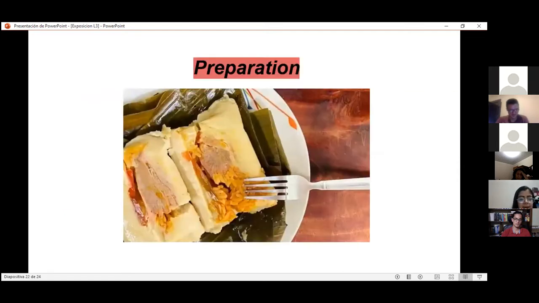Bueno, vamos a ver, Alina, do you consider that any ingredients should be added or removed for ingredient next? I don't understand the question. Do you consider that any ingredients should be added or removed?